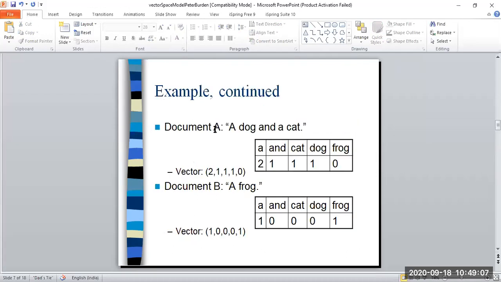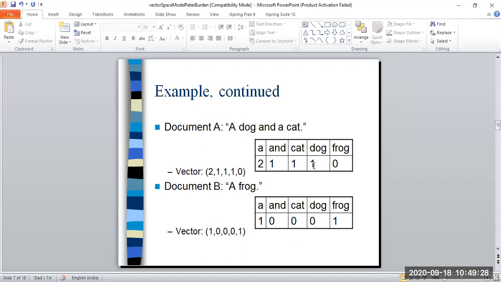We may use either this vector or this vector to check whether the word dog is there in these two documents or not. Obviously this document will not be returned since there is no dog here. This document will be returned since there is the word dog here.